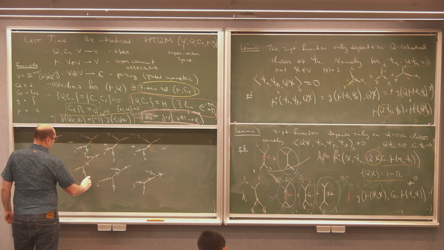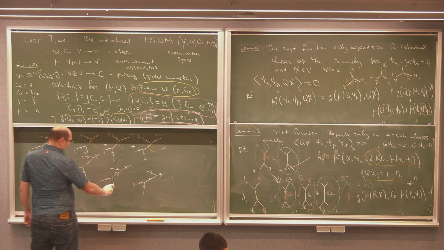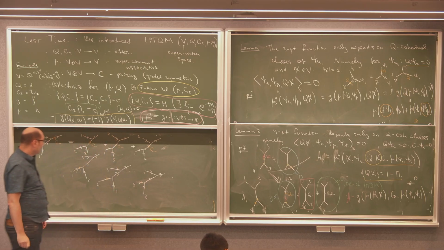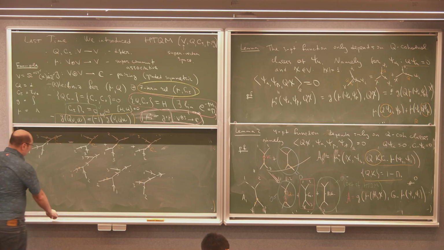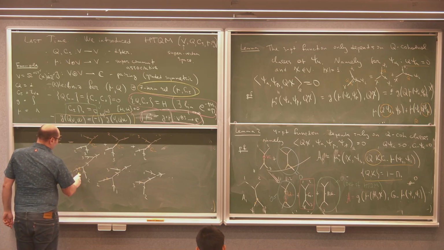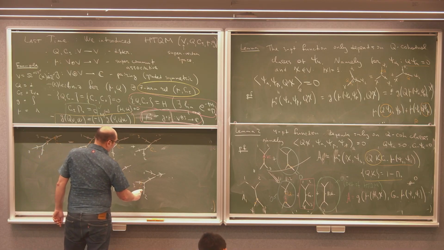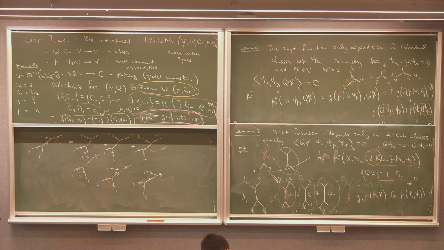So here we can freely play with them. So those are three types of contributions: either G minus acting on a product of two states, and there are exactly three choices, or G minus acting on one of the three states.